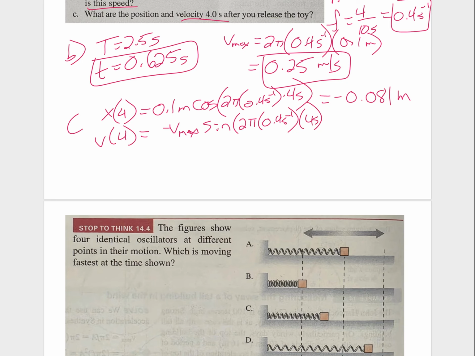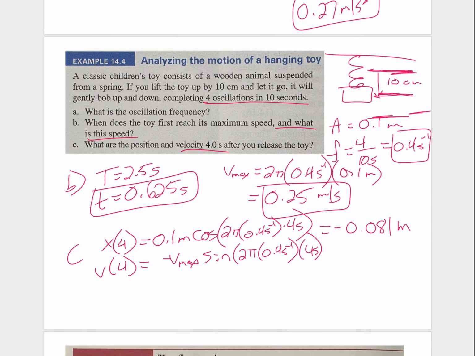But what is V max? Well, unless we can figure it out using logic, we can use our formula, 2 pi f A. So negative 2 pi times the frequency, 0.4 inverse seconds, times the amplitude, 0.1 meters. So we have meters per second on the outside, and no units on the inside of sine, so we're good. We're going to wind up with meters per second.